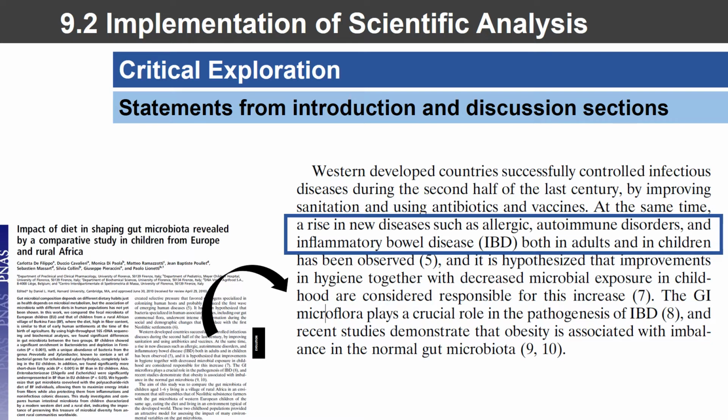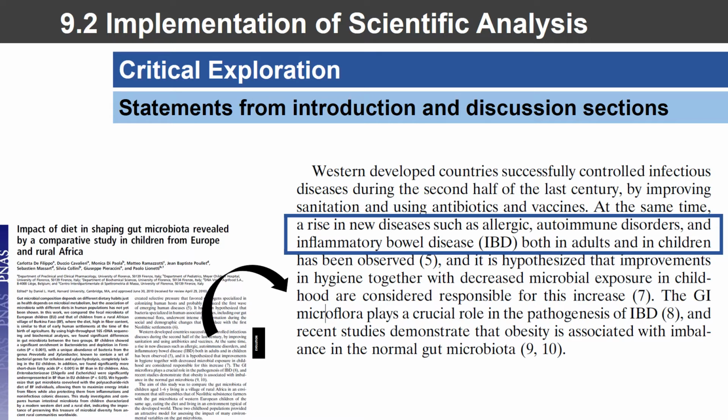"At the same time, a rise in new diseases such as allergic, autoimmune disorders, and inflammatory bowel disease, both in adults and children, have been observed," etc. And this is a fantastic context for you to understand why we would want to even care about these gut microbiota species amongst different groups around the world.